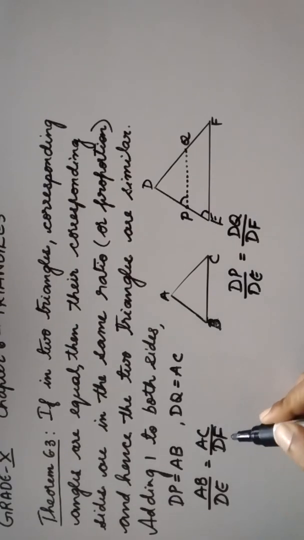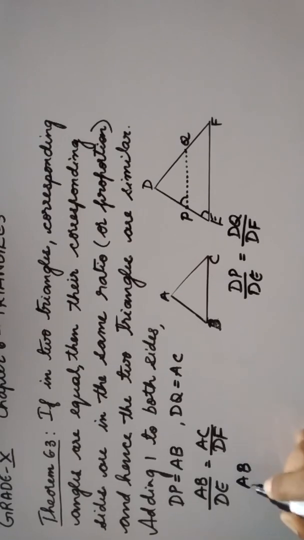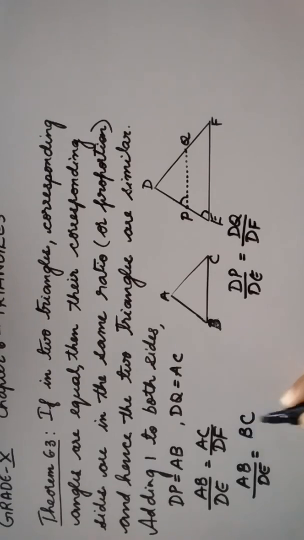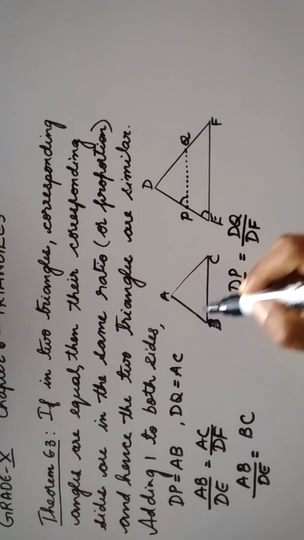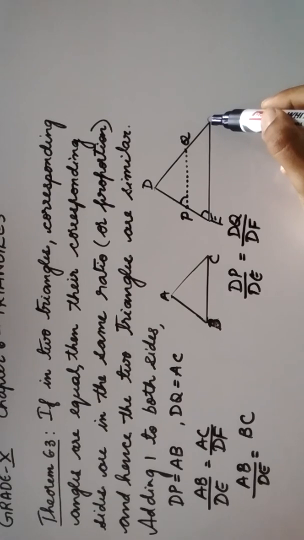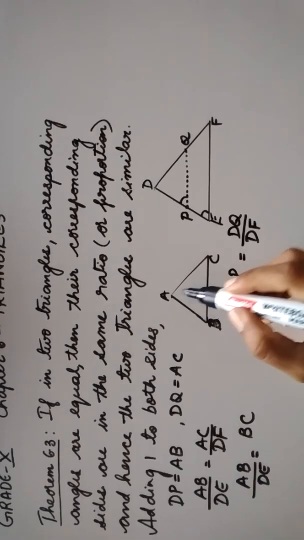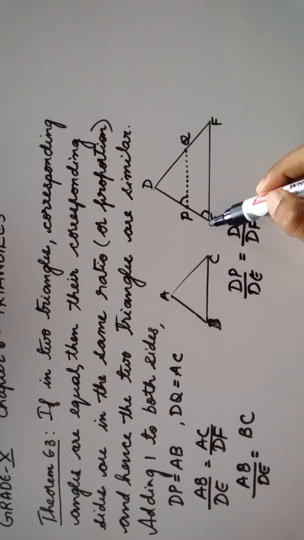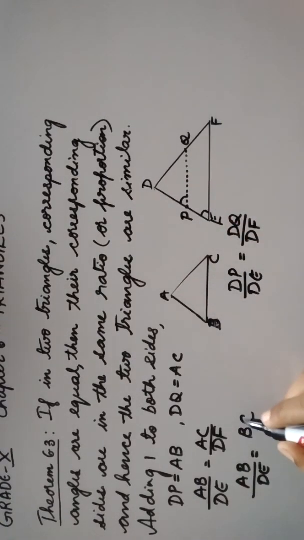So similarly, we can prove that AB by DE is equal to BC by EF. Here you see, I have proved that AB by DE is equal to AC by DF, isn't it? So similarly, by the same method, we can prove AB by DE is equal to BC by EF.